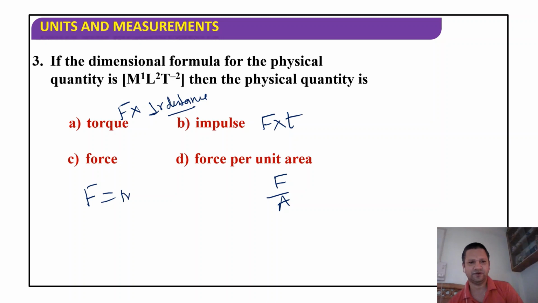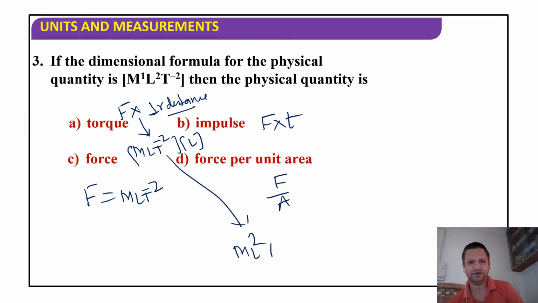Force we know is MLT minus 2, so torque becomes MLT minus 2 into L, giving ML2T minus 2. So this is the dimensional formula. The correct option is torque. In this way we find the correct option.